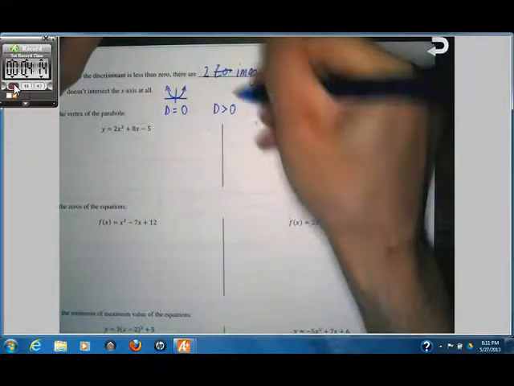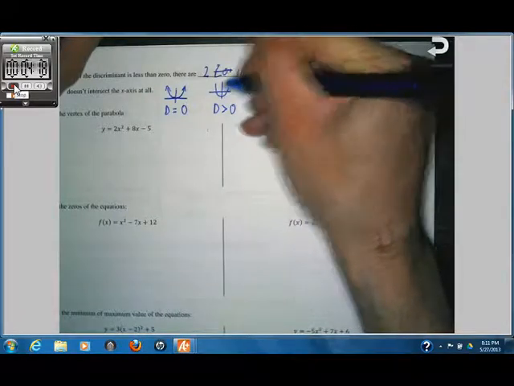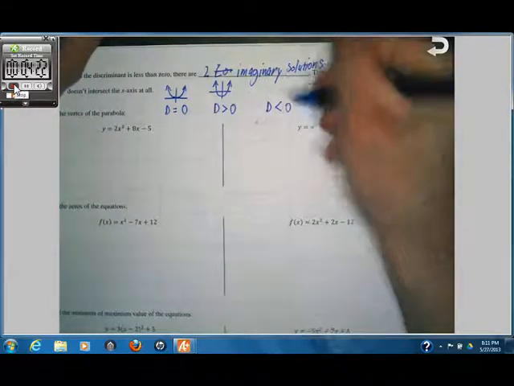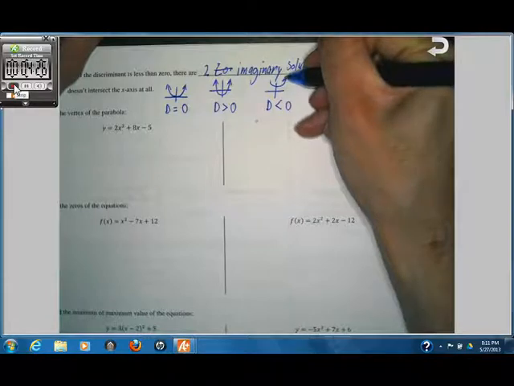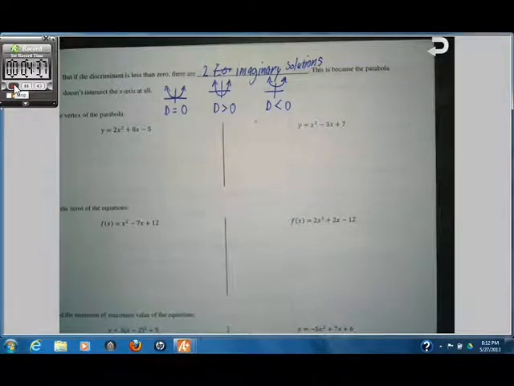And if the discriminant is less than 0, it would look something like this, where it doesn't hit the x-axis at all. So that's your basic idea. Remember these properties of a discriminant, because we might ask a question that simple, not asking you to find a real root, but asking you to describe roots based on the scenario.